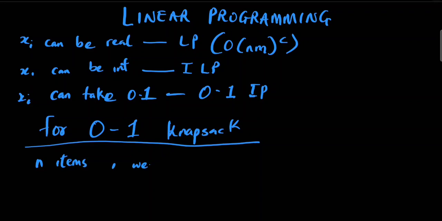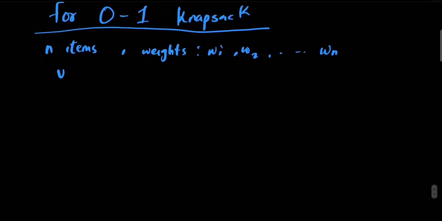Then we have our weights, W1, W2, all the way to Wn for the n items, and our values, V1, V2, all the way to Vn. And our knapsack capacity, as usual, would be represented with C.